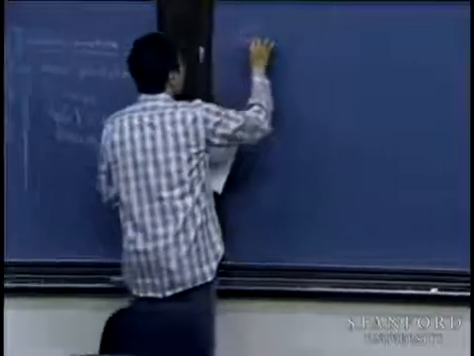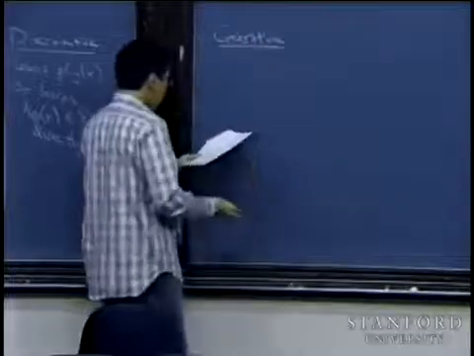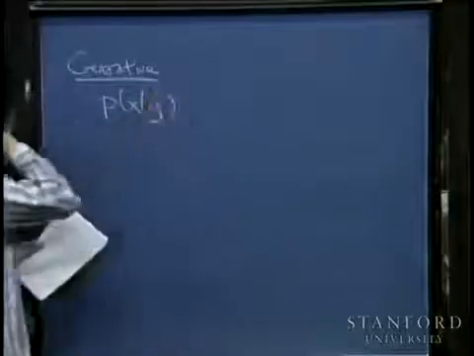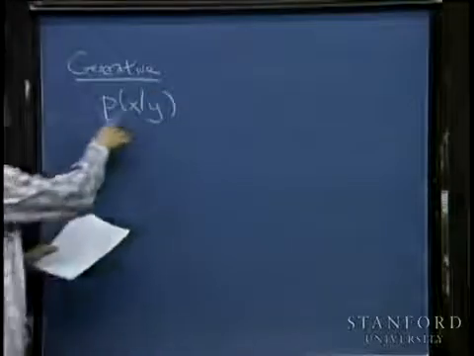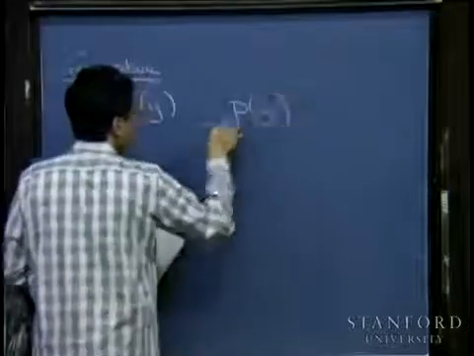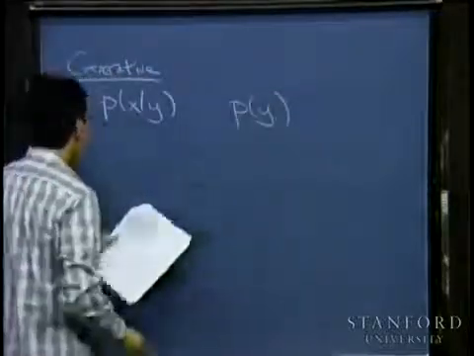In contrast, a generative learning algorithm models P of x given y, the probability of the features given the class label. And as a technical detail, it also models P of y, but that's a less important thing.